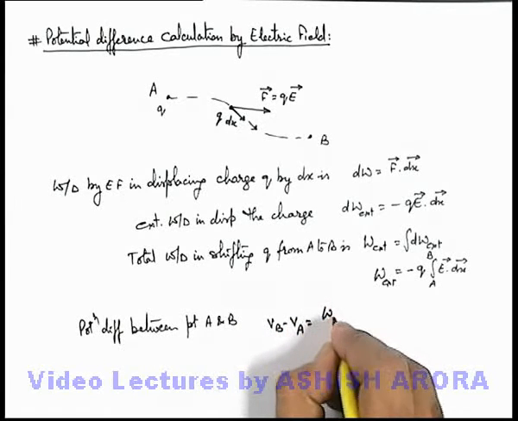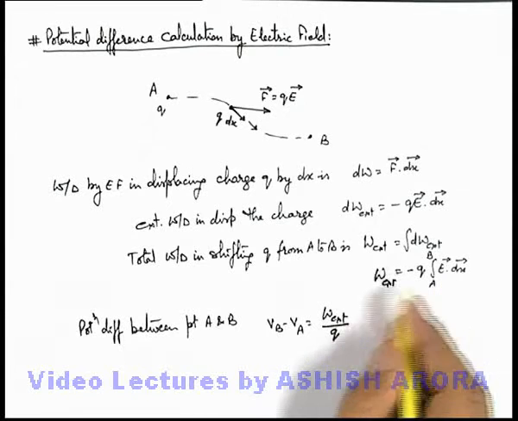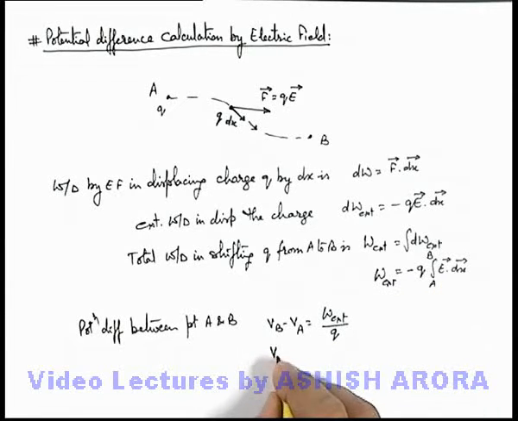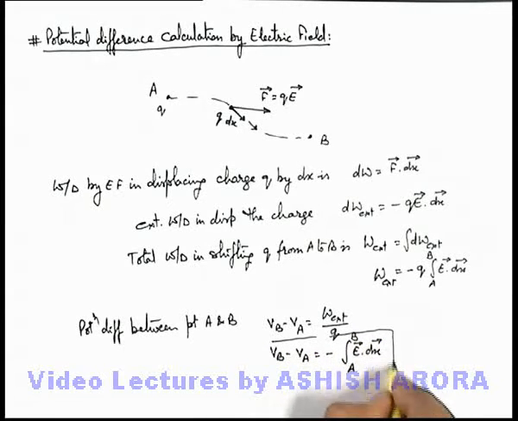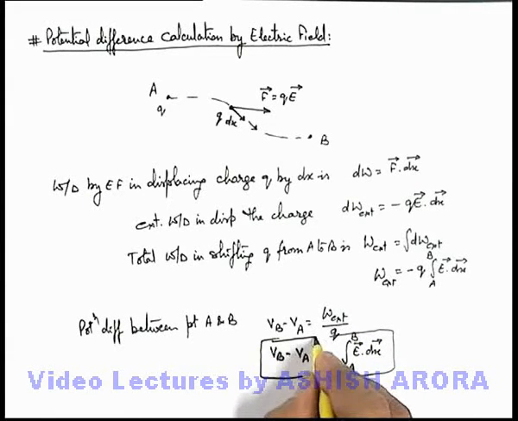This is given as total external work required divided by the charge. So we substitute the value. Here you can see that VB minus VA is given as minus integration of E dot dx from point A to B. Always remember that this is the expression which we can use for mathematical calculation of potential difference.